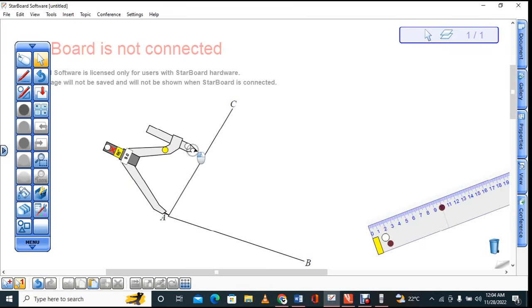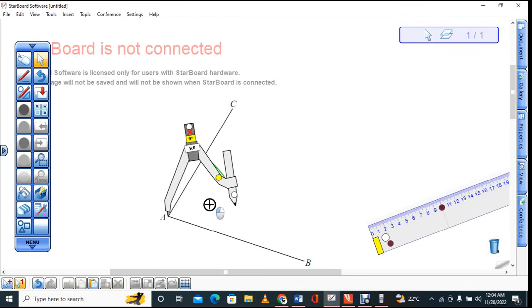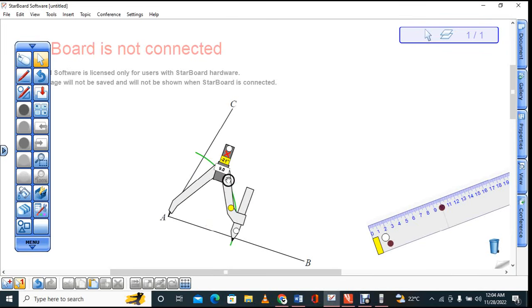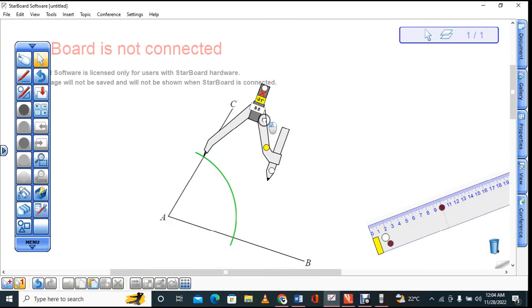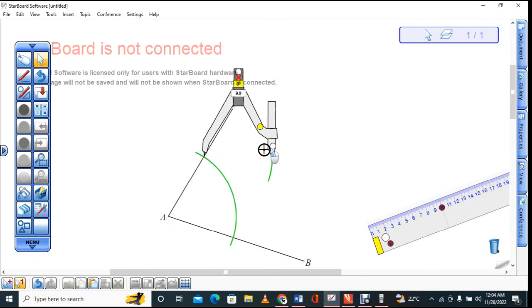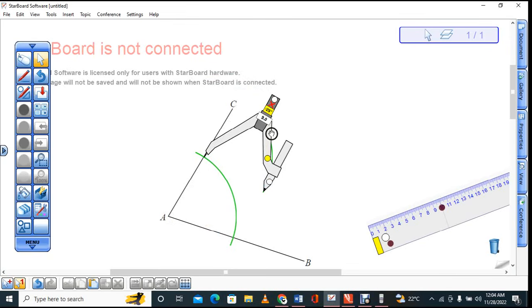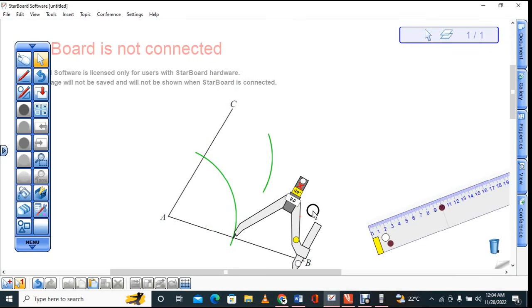And remember, you can open any radius. You can use the same radius if you want to, or a different radius, like I have.